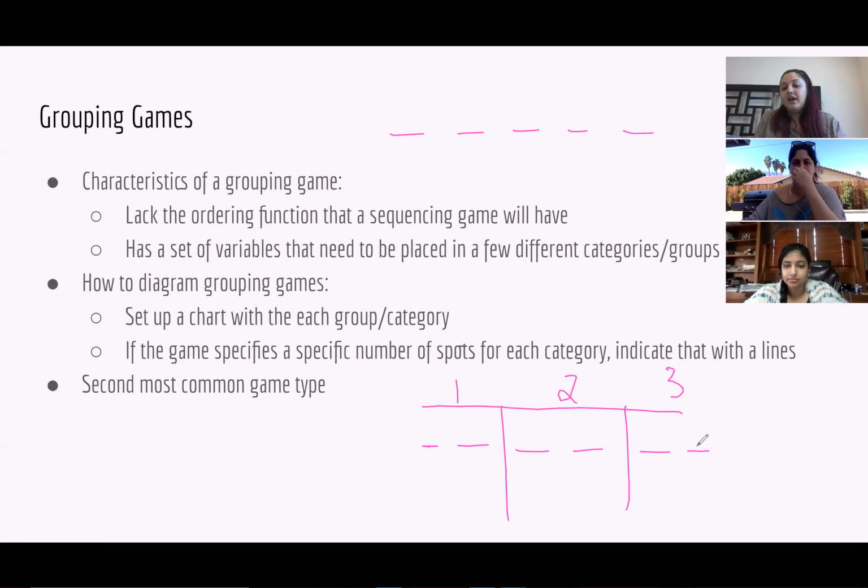That's the way you could set it up. I like to do a more vertical setup for these games. So I would write groups 1, 2, 3, and then I'd write 2 spots. Just because organizationally, for me, this works better. Both of these setups would lead you to the right answer. There's no one right setup. And Shreya likely has a different way to set it up too.